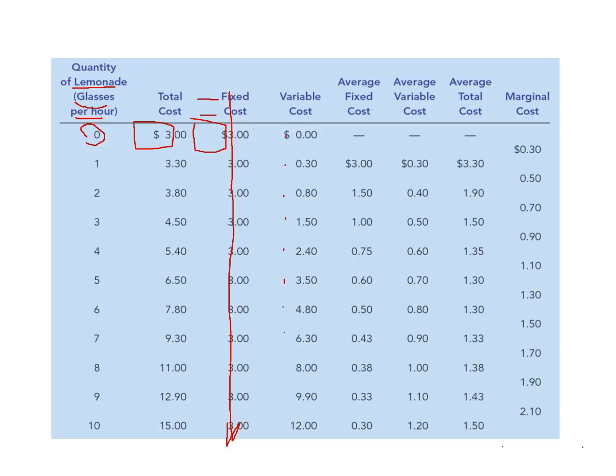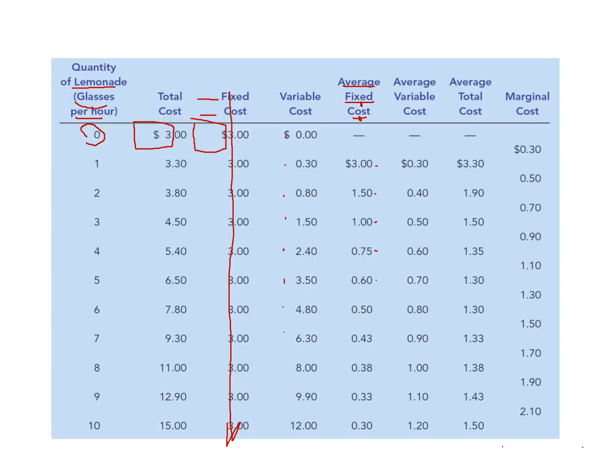What is more interesting is the average variable cost, which, remember, is the variable cost per unit. In this example, the variable cost per unit is going up. Each additional glass of lemonade increases the average variable cost in this particular example.